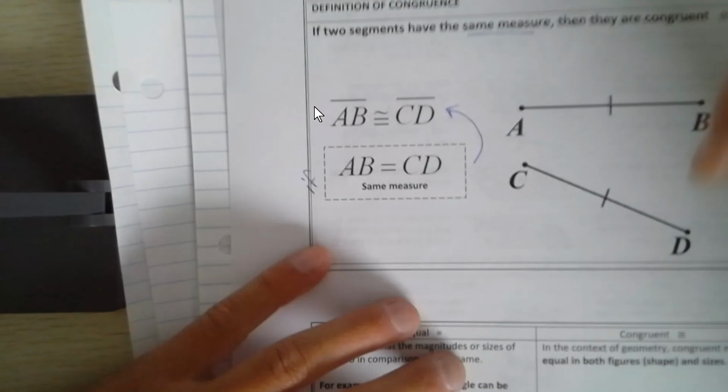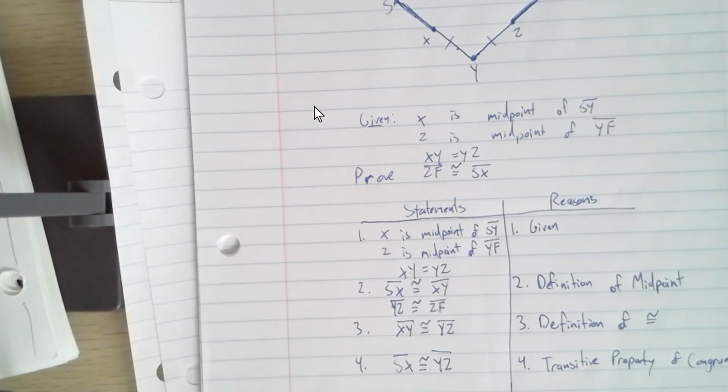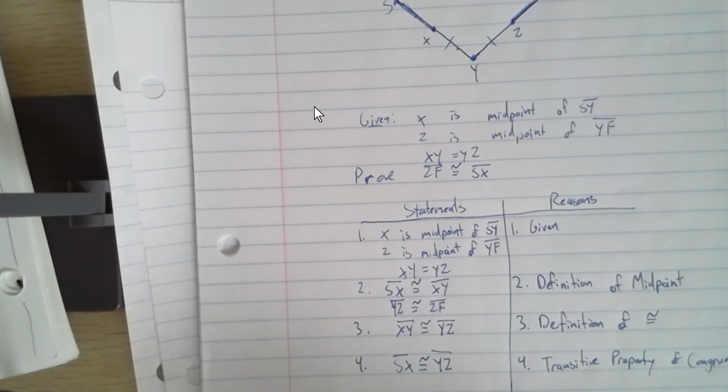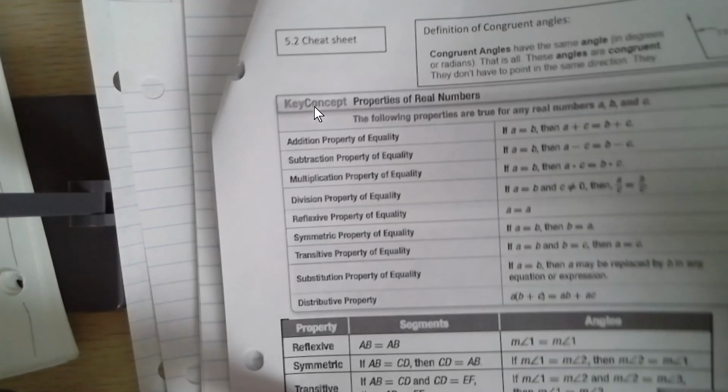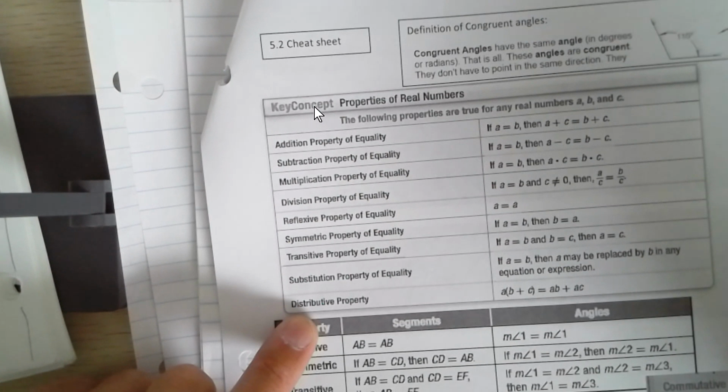And then for the transitive property, I grabbed it from 5.2. We have a bunch of different properties of equality. This is the addition property of equality, this is the subtraction property of equality. These are all things that you've already done before.